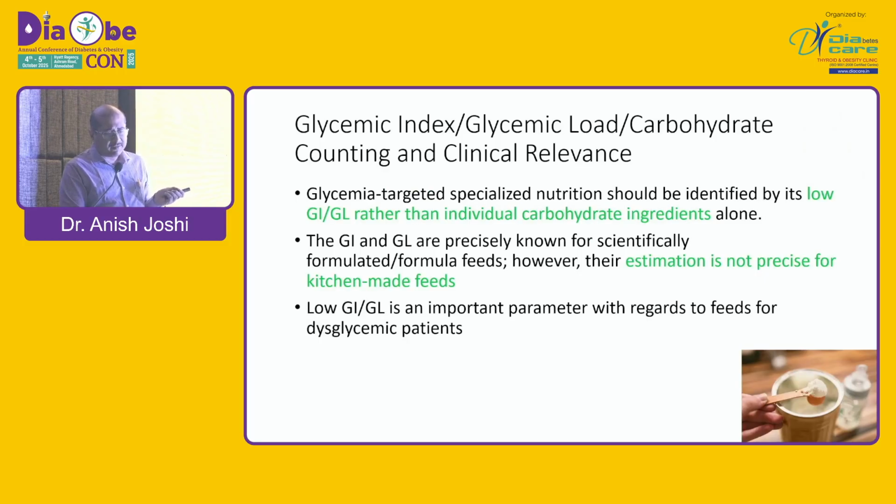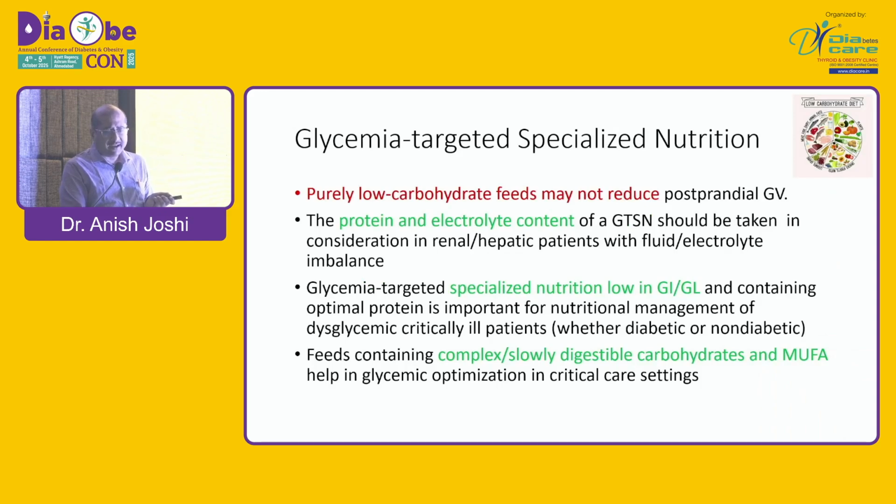When we look at the glycemic index and glycemic load, there are nutritions available, and you should try to give a patient a low GI and low glycemic load diet rather than individual carbohydrate-focused diets. This is not possible particularly for kitchen feeds, and is more easily possible for formula feeds. Glycemia-targeted specialized nutrition is not just focusing on carbohydrates.